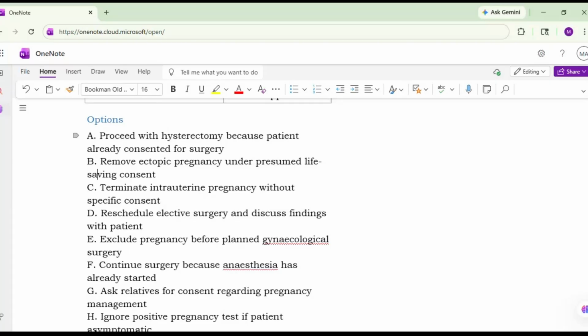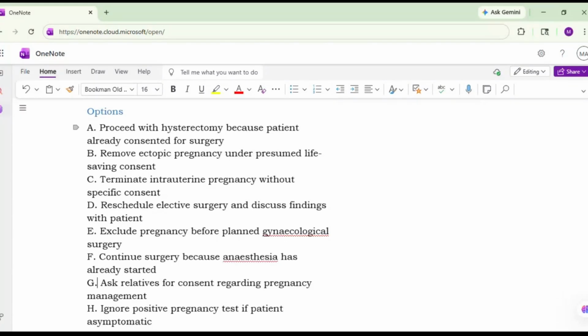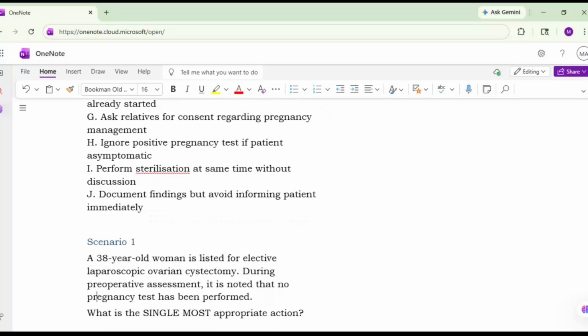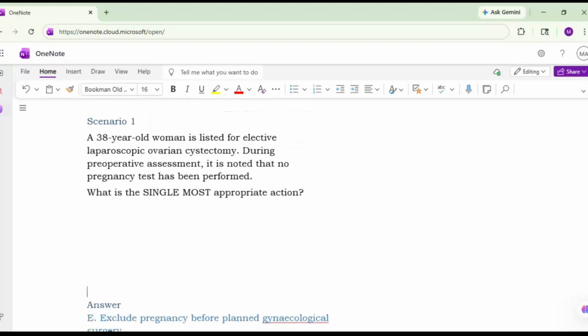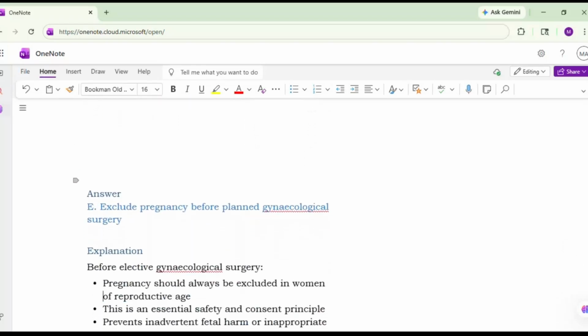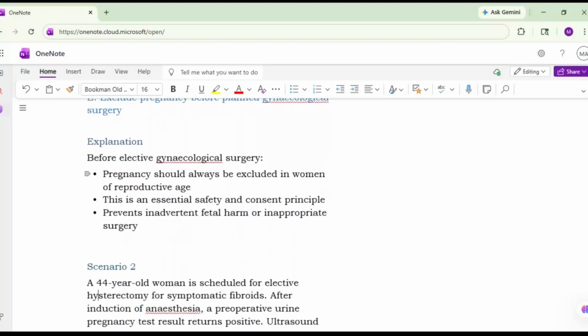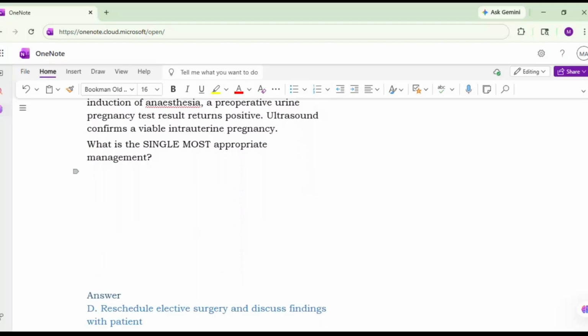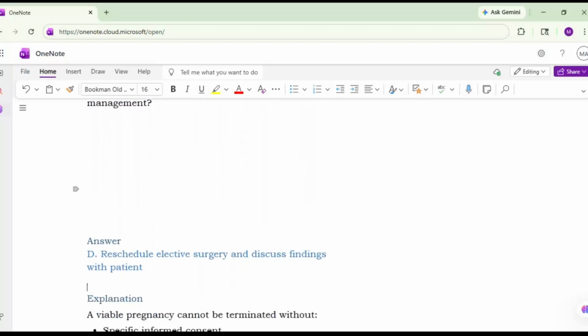Continue surgery because anesthesia has already started? No, we should not operate, we cannot do that. Reschedule elective surgery and discuss findings with the patient. Yes, we will reschedule the surgery. Reschedule elective surgery and discuss findings with the patient.